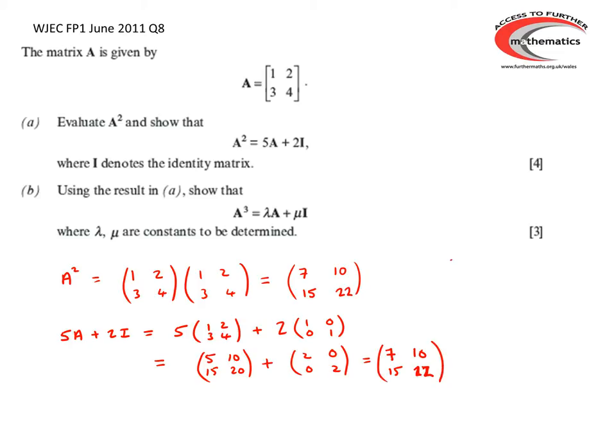And if we look at the two answers that we've got there, we've now got that A squared is exactly the same thing as 5A plus 2I.